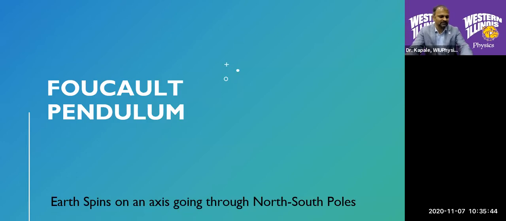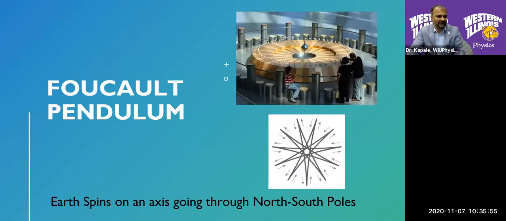So we are, in some sense, in a lab that's spinning continuously at a given rate. And as a result, that spinning has to somehow manifest if you have the right kind of structure. So here's a picture on the top. It's a picture of this Foucault pendulum, just kind of like the pendulum that I showed, but manufactured in such a way that it has very low friction, so it does not lose energy over time.